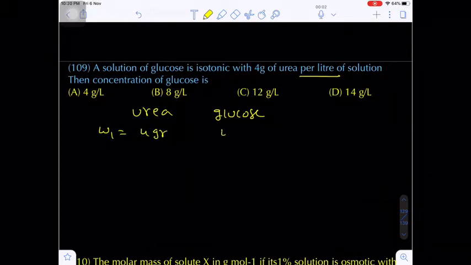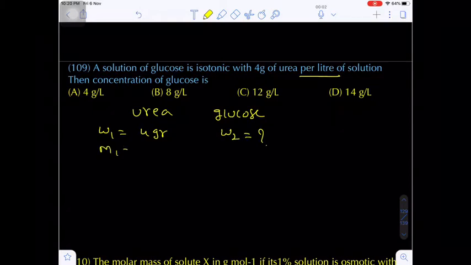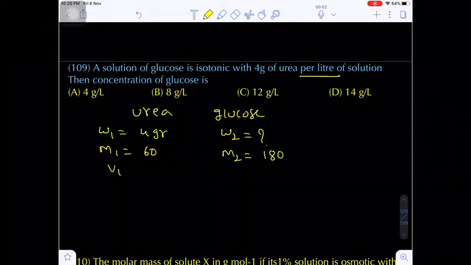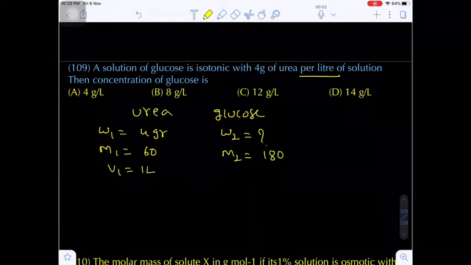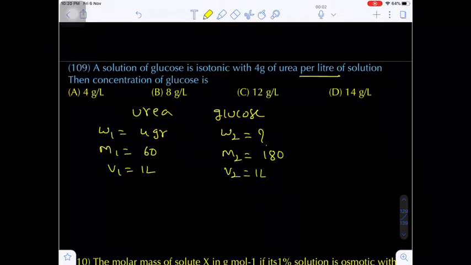Now, what is the weight of glucose to be calculated? Do you know the molar mass of urea? 60. And the molar mass of glucose? 180. The volume of the urea solution is 1 liter and the glucose solution is also 1 liter, that is the per liter. First of all, I am trying to calculate the weight of the glucose.